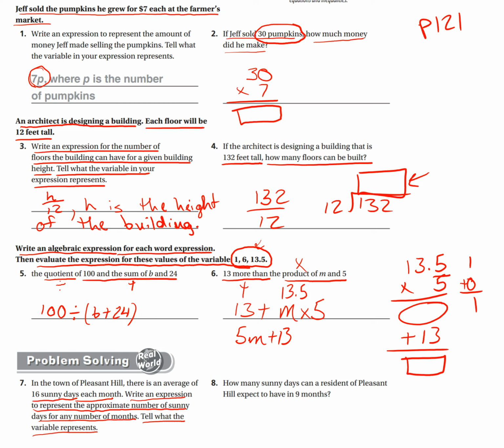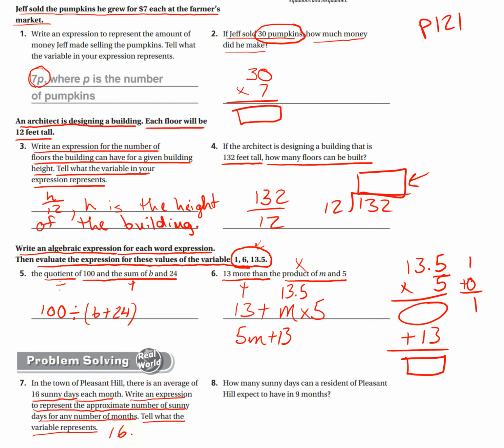If there's 16 sunny days every month, if there's 2 months, to find the total number of sunny days, we'd have 16 in the first month, 16 in the second month. So we're going to use 16 times the number of months.